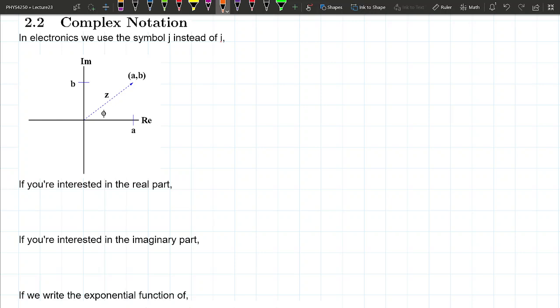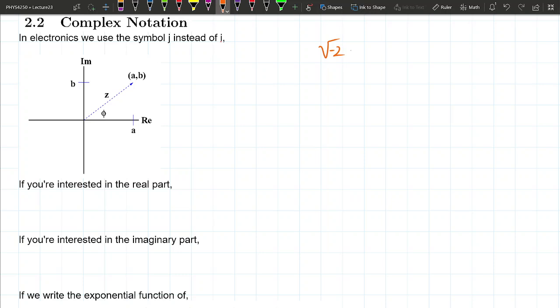Does anyone remember what an imaginary number is? What's an example of an imaginary number? Square root of 2? What's another example? Square root of -2. Yeah, square root of -2 is actually an imaginary number.